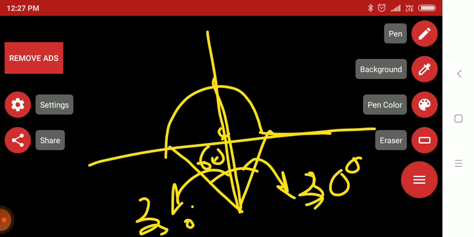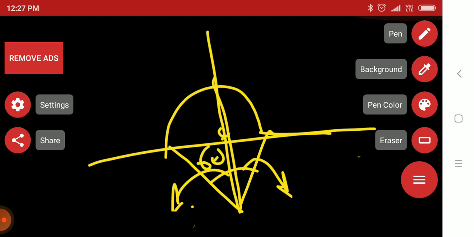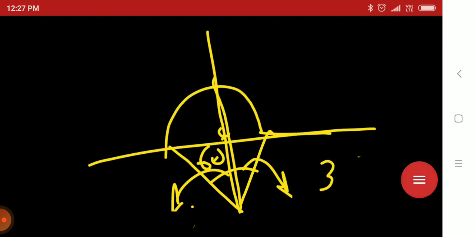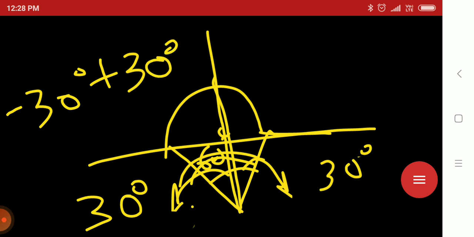Sorry, let me write properly. Both angles are 30 degree, 30 degree. So here we will take the limit. These forces along these mean minus 30 to plus 30.